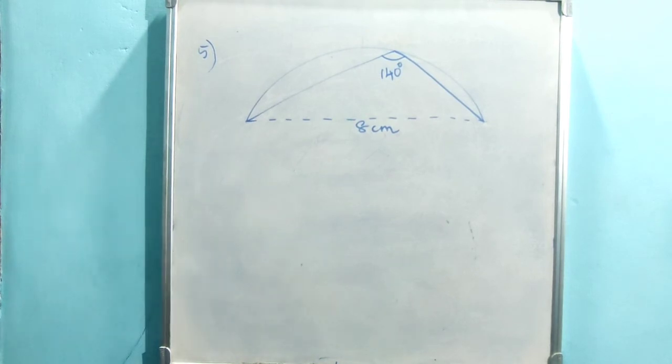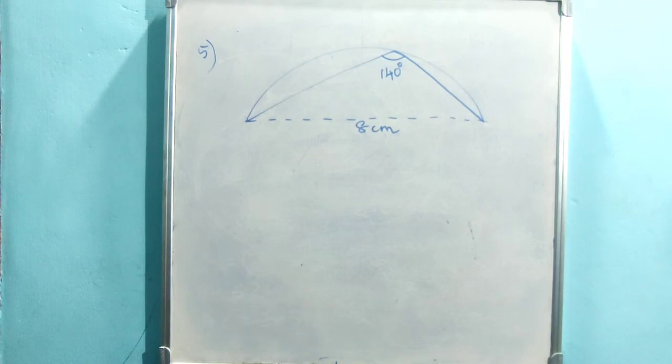Here we have another question. The picture shows a part of a circle. What is the radius of the circle? If we consider this triangle, what type of triangle is it? This one is an obtuse angled triangle, one angle is equal to 140 degrees.